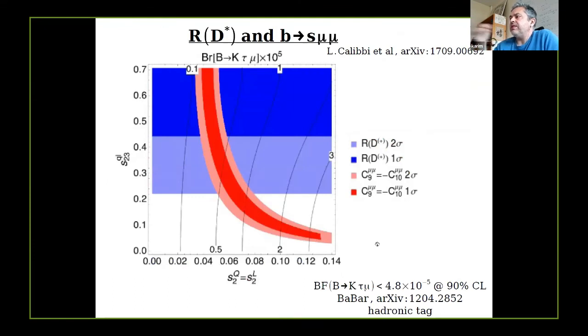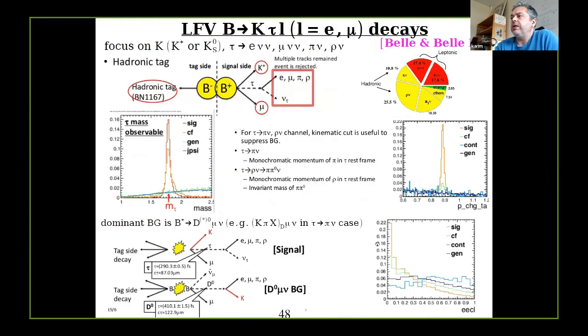And yeah, there are several similar predictions from new physics models. And so in the case of Belle II, this is also, for Belle and Belle II, a very interesting challenge, a very difficult analysis again, because you have a tau in the final state.